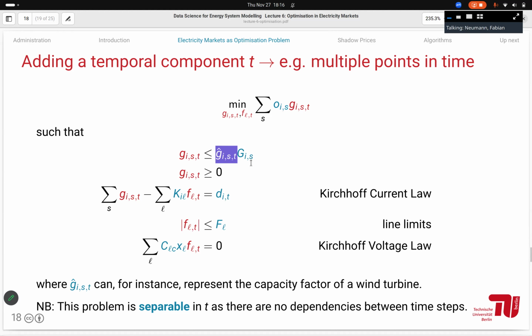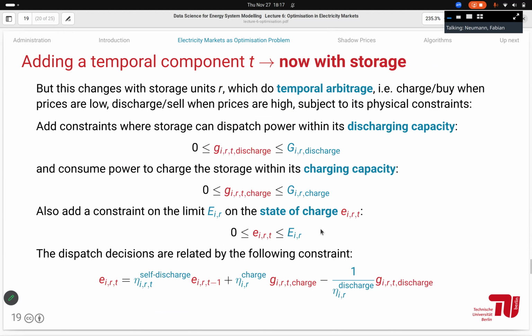This problem per se is not really more complicated because it's separable, because there's no connection between the time steps. That is because we didn't add any storage units here, which would do temporal arbitrage between charging and buying when the prices are low, and discharging and selling when the prices are high, subject to some physical constraints that we discussed last week in the lecture.